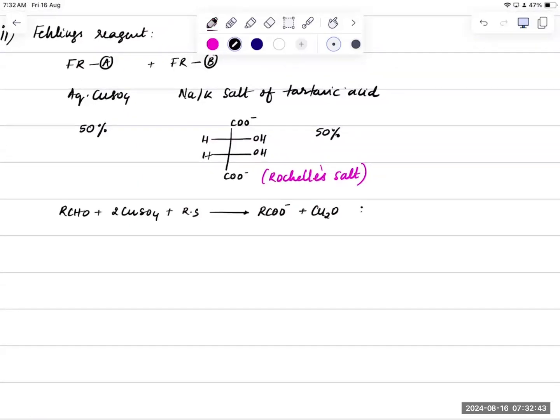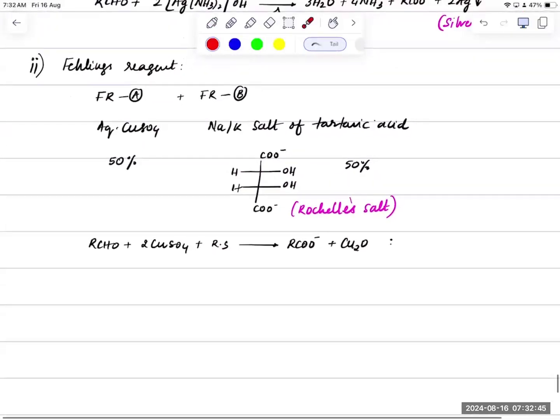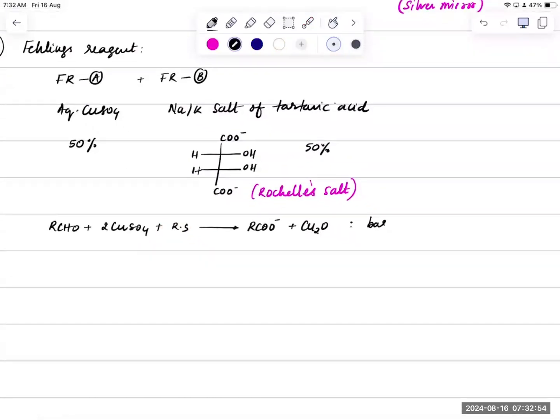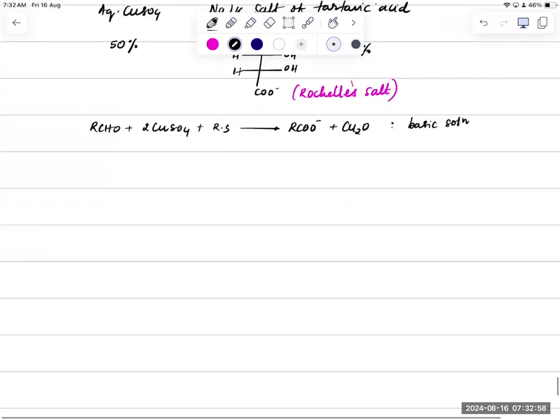So if you take this copper sulfate in the presence of Rochelle salt, we have CO minus and CO minus. That makes it solution basic only. So this is also a basic solution, and in the basic solution, this reaction is happening.